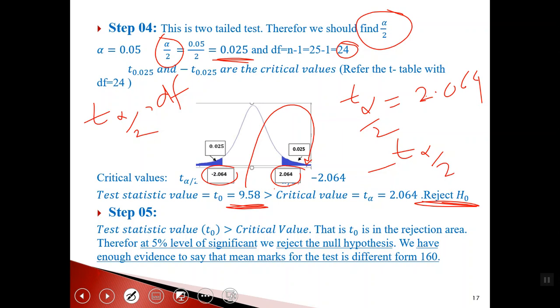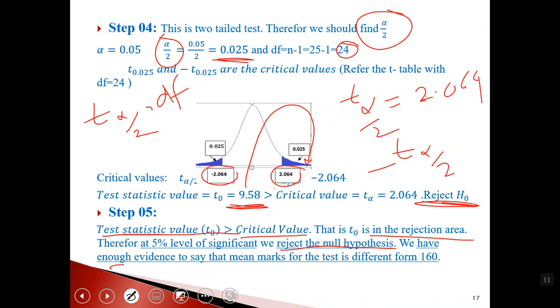At the end, step number 5. Test statistic value t naught is greater than your critical value, which means it is in the rejection area, so we reject H naught. So at the 5% significance level, we reject our null hypothesis, which means our alternative hypothesis holds.